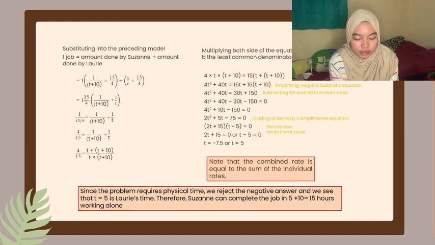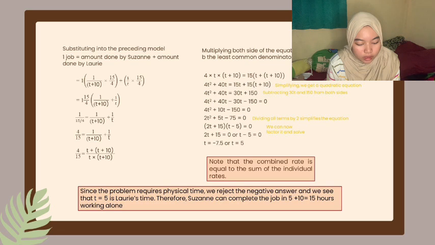4 times T times (T plus 10) equals 15 times (T plus (T plus 10)). 4T squared plus 40T equals 15 times (2T plus 10), which is 30T plus 150.